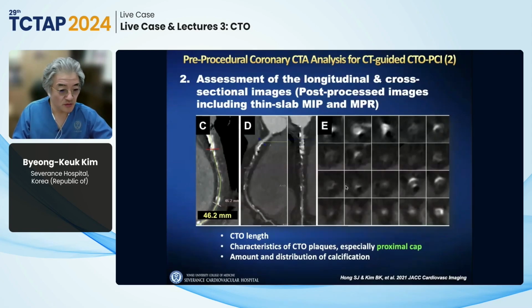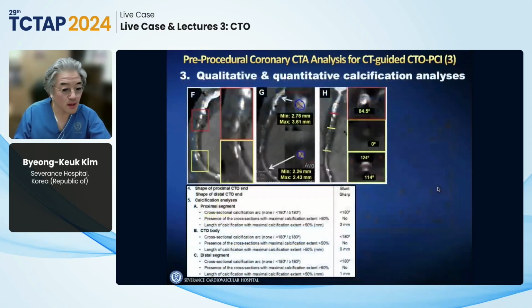To quantify the degree of calcification, cross-sectional and longitudinal calcification evaluation were performed. In addition, the analysis of the segment around the CTO was performed, including the check of the vessel and lumen size. So this involved both qualitative and quantitative analysis of calcification.